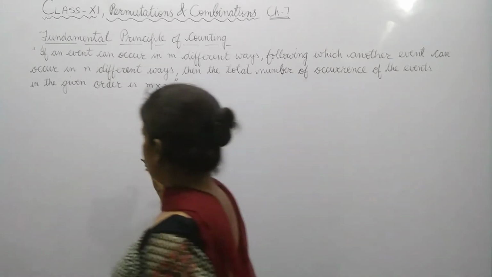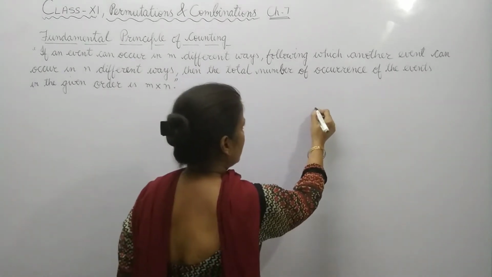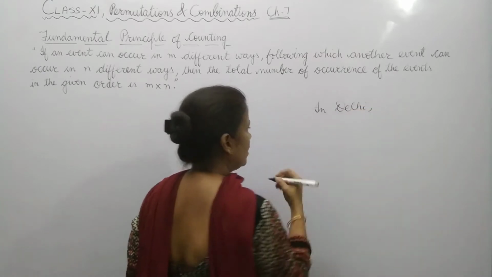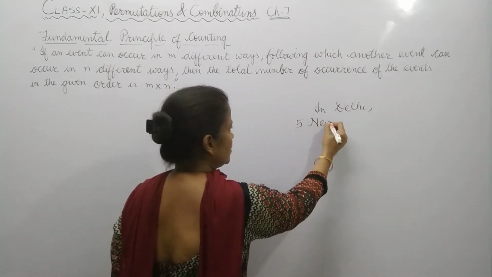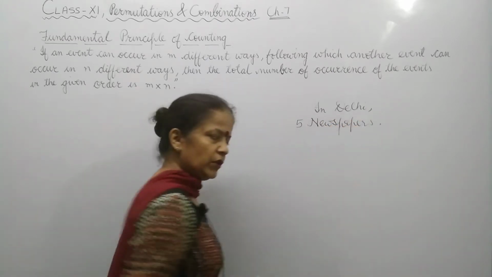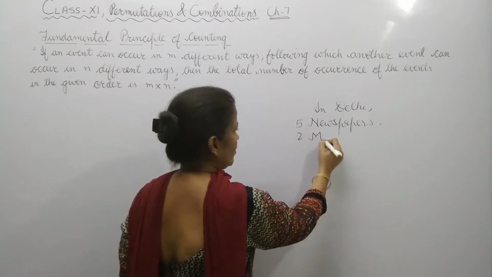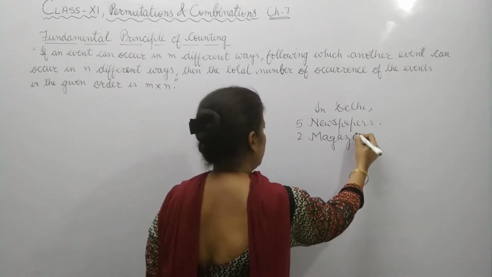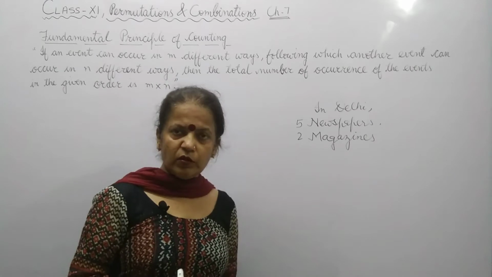Suppose that in Delhi, five newspapers are published daily and two magazines are published daily, or we can take it as monthly also.